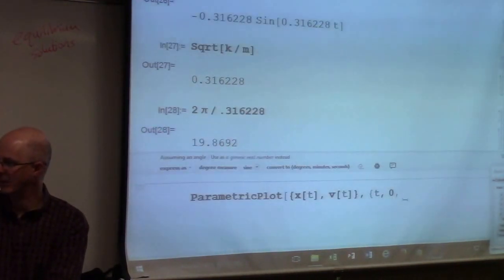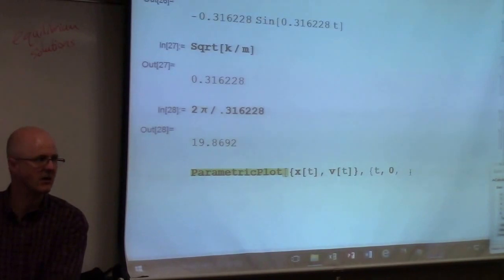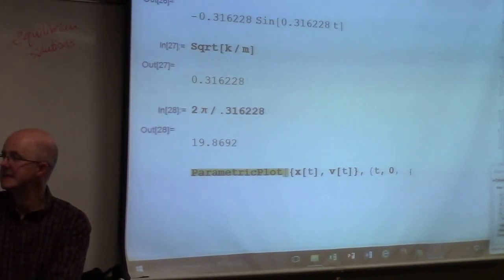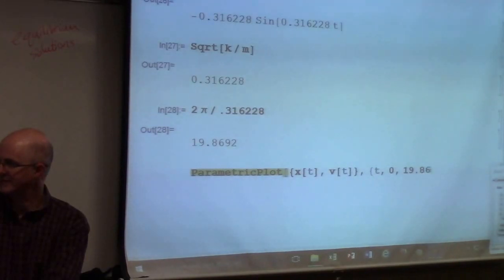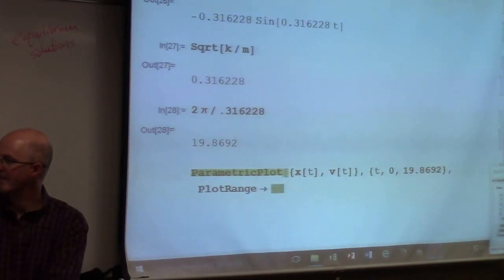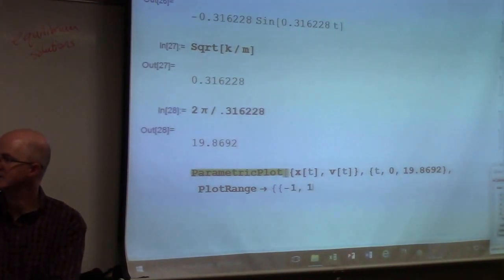The period's close to 20 seconds. This is a very slow oscillating mass. I'll go ahead and put 19.8692 in here. For the plot range, let's go -1 to 1 in both directions.